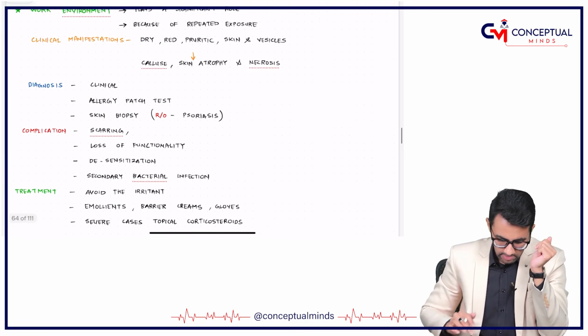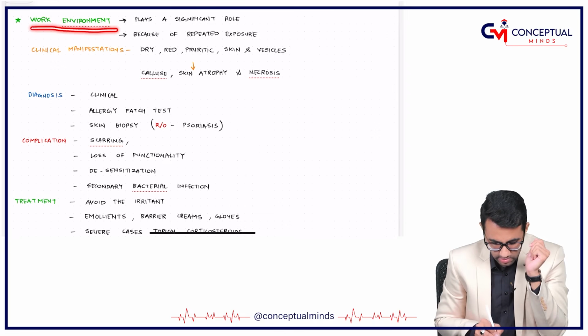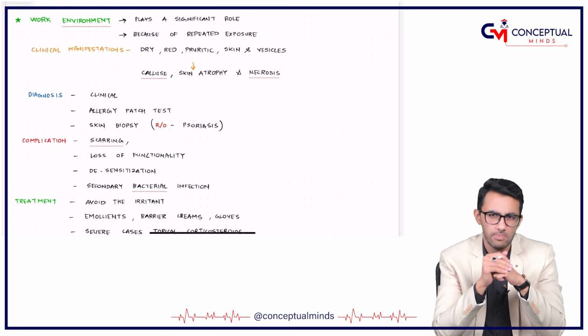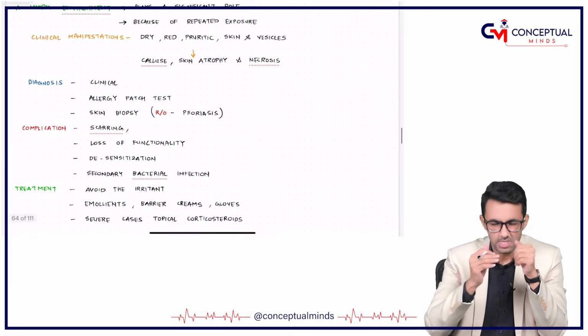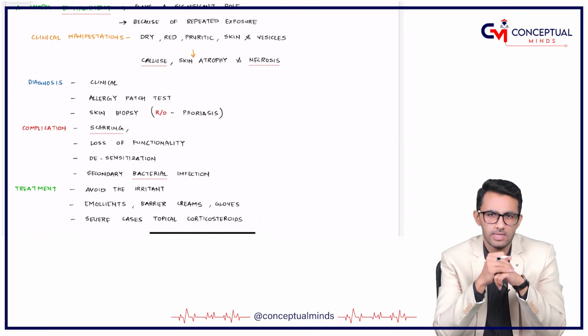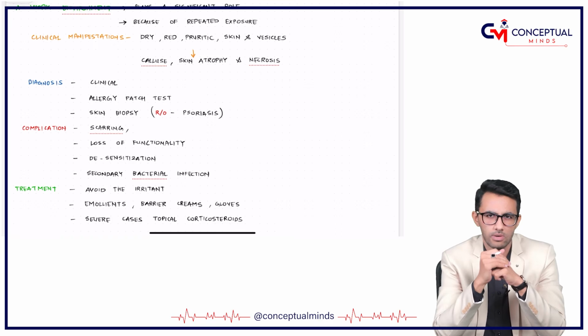All right, so going on to the next part, the work environment. The work environment plays a huge role in this one. For example, say someone is working in a cotton factory and he is allergic to that, but the person is illiterate, he doesn't know about it.